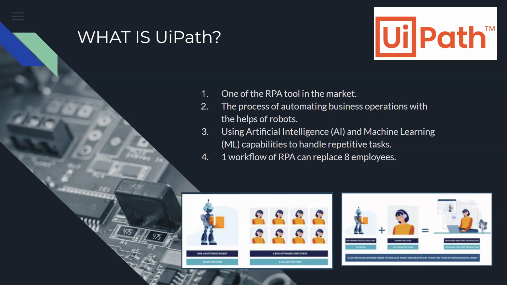So how do these robots help? The robot will use artificial intelligence and machine learning capabilities to handle all these repetitive tasks that we are doing in our current job. And one workflow that we build using UiPath can replace the tasks of 8 employees.